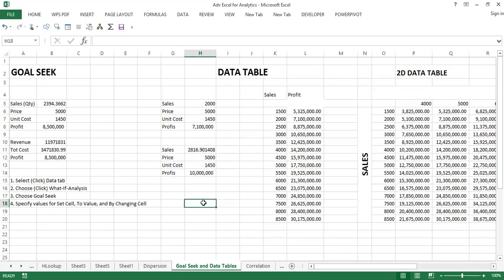By changing what? By changing cell, you click this cell where you have 2000, just click on it. Are you okay now? Charles, can you hear me?